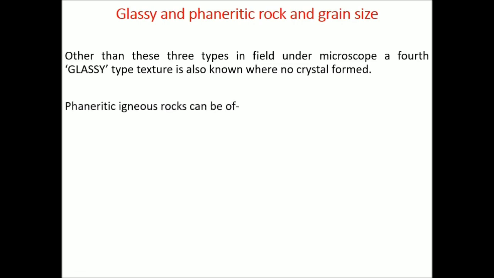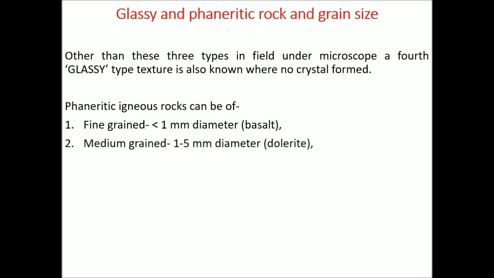And then comes the phaneritic igneous rocks. It can be fine grained, less than 1 mm diameter, for example basalt. Then it can be medium grained, within the 1 to 5 mm range, for example dolerite. And coarse grained, 5 mm to 5 cm longest diameter, for example gabbro, granite.